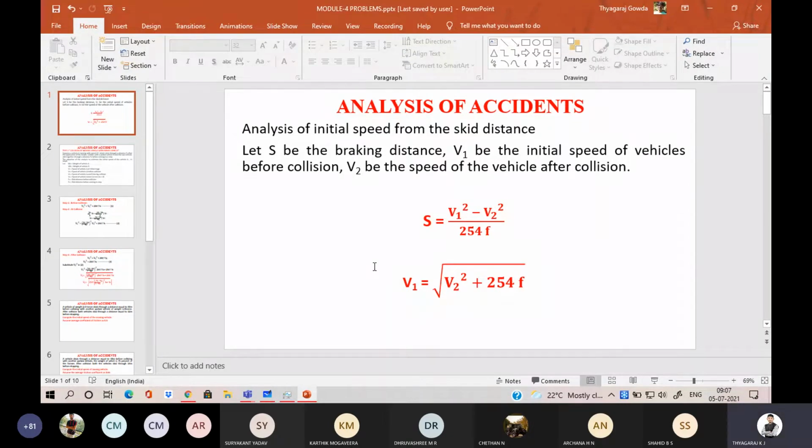This is the simple physics they are using for determining the speed of the vehicle. Kindly tell me when it is completed.